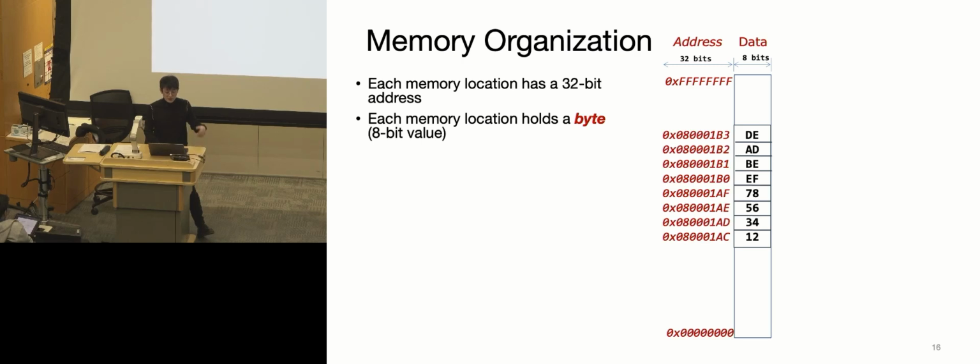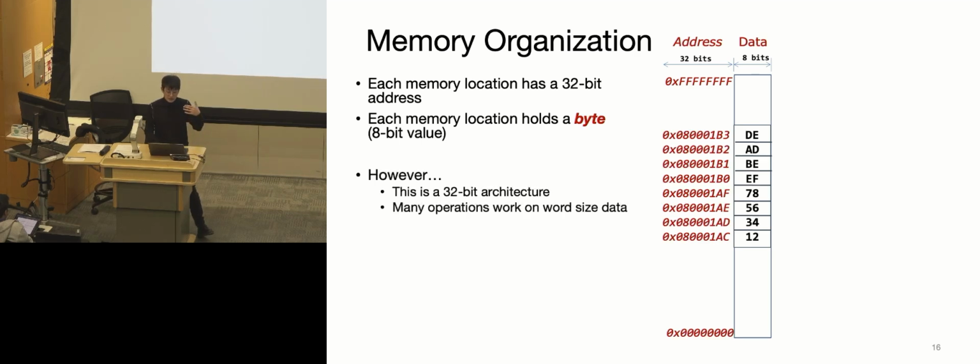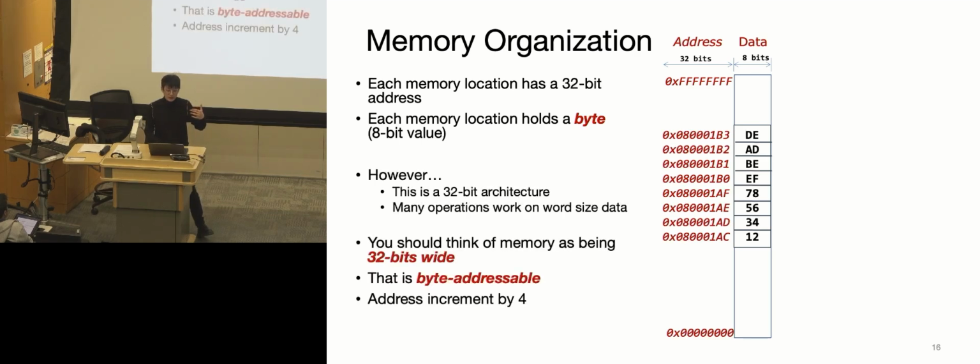Yeah. So again, each memory location has a 32-bit address, and each address location holds a byte. We usually increment or decrement the address by 4, so that a whole 32 bits is loaded or stored within the memory.